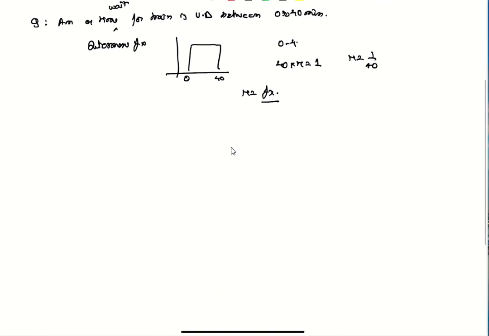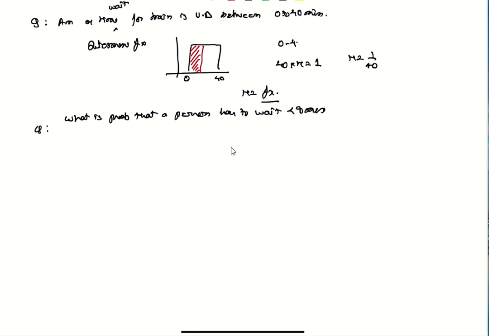The next question is in the same one, what is the probability that a person has to wait less than 8 minutes? So in this one we see that this is the area that we want.